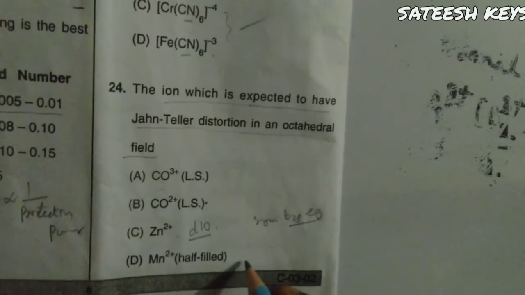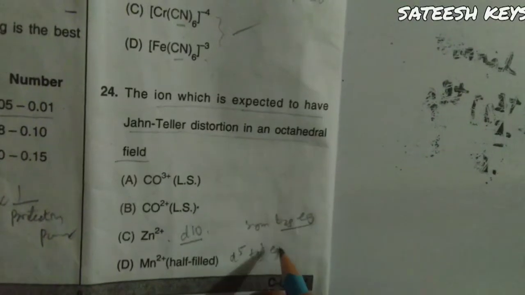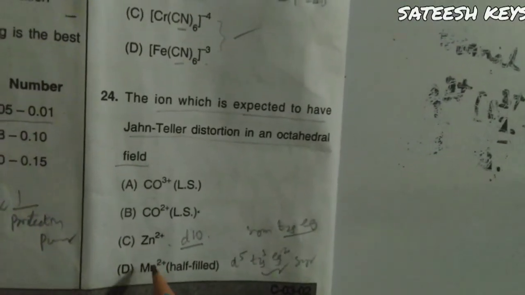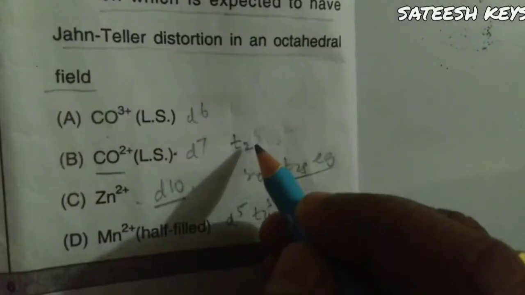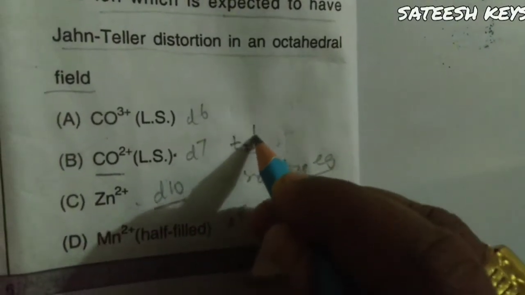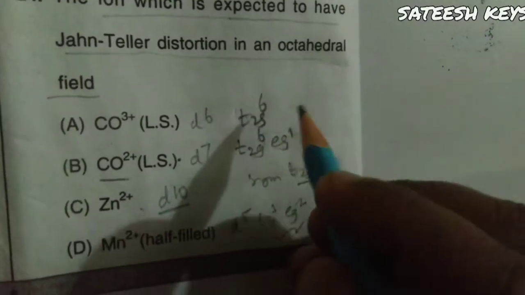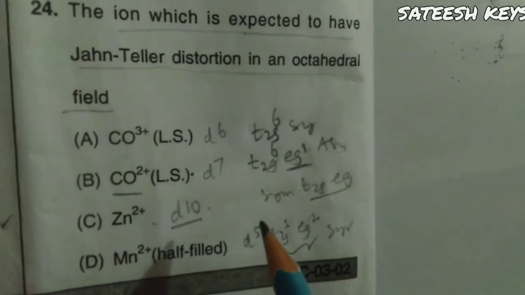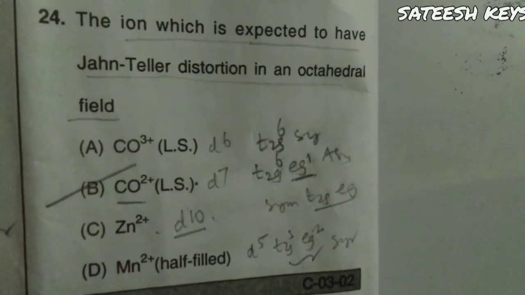Half-filled d5, t2g3 eg2, is also a symmetrical structure, so it does not show any Jahn-Teller distortion. See cobalt 2 plus, d7, in the presence of a strong field ligand: t2g6 eg1. Due to the presence of one electron in eg it is asymmetric, so it shows Jahn-Teller distortion. So option B is the correct answer.